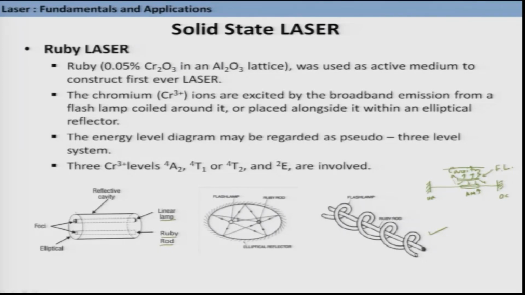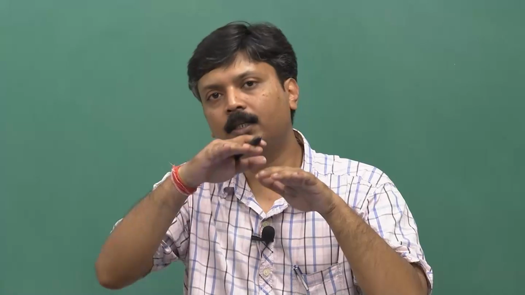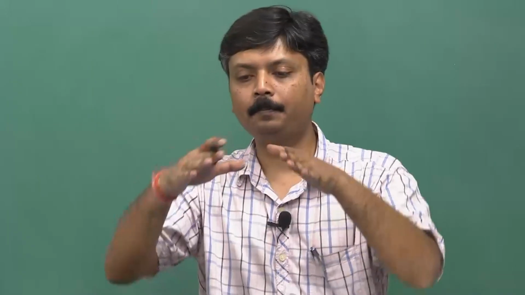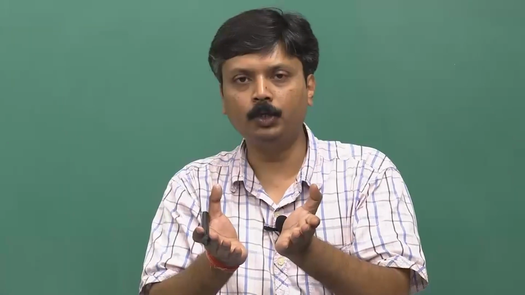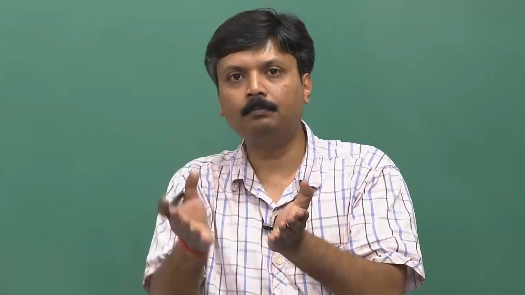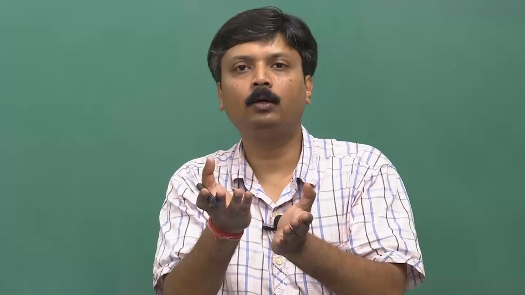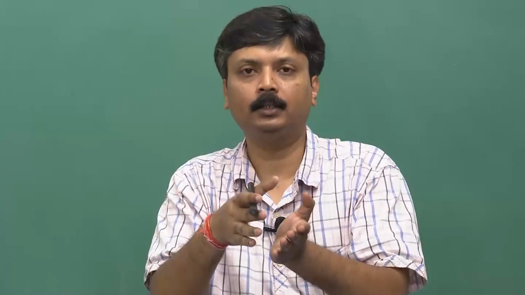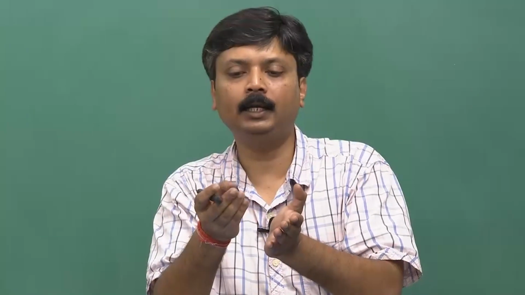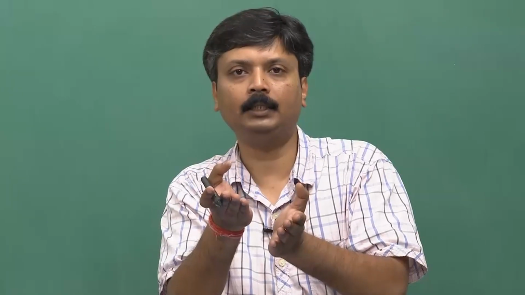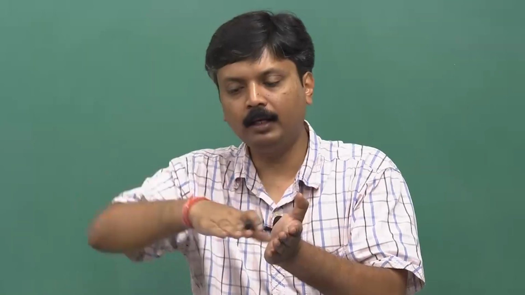This jacket is essentially a reflector. This is a curved reflector. It's like a hollow tube whose inner sides are all reflectors. You can imagine as if there is a mirror inside this one.